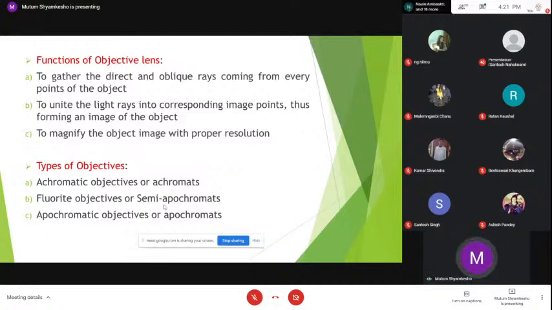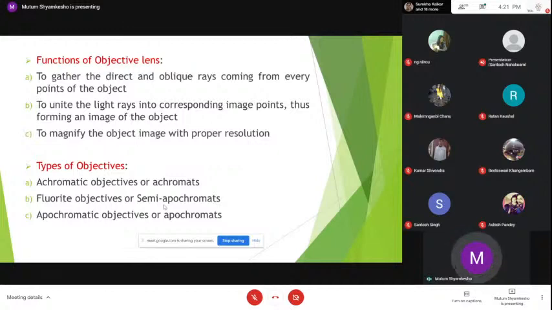And the ocular lenses are also corrected for these types of optical aberrations. Thus, the achromatic lenses are only corrected for two wavelengths, that is blue and red, and they are not corrected for spherical aberrations.